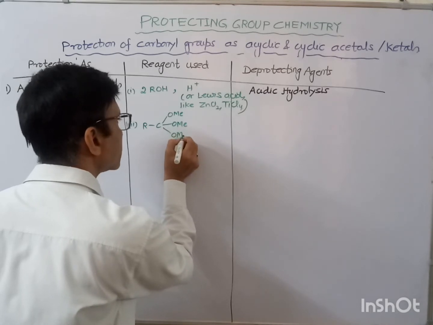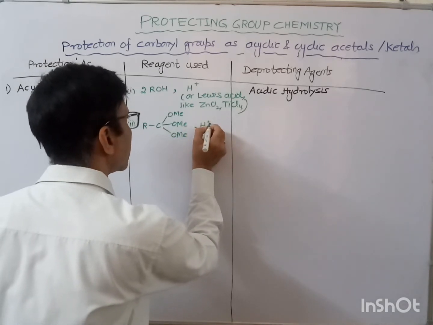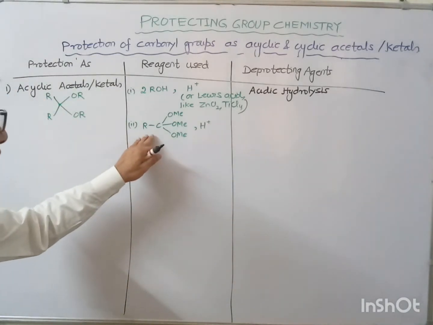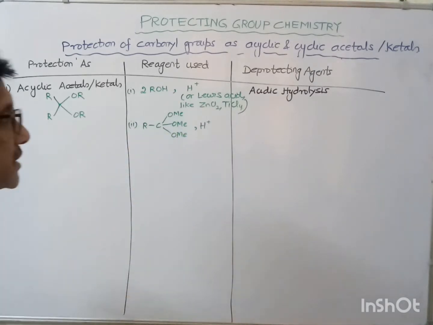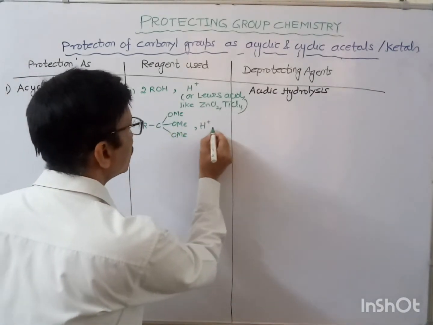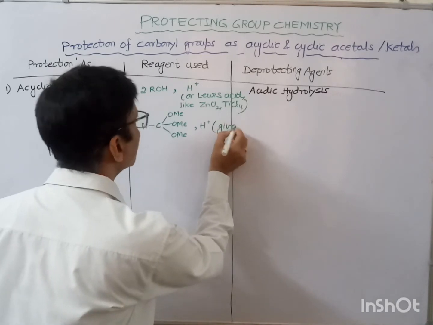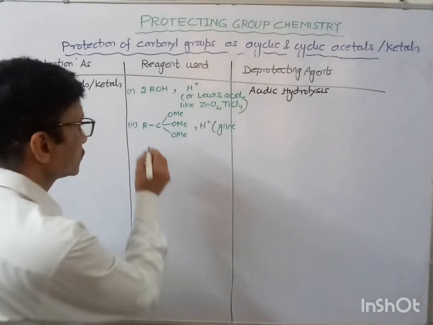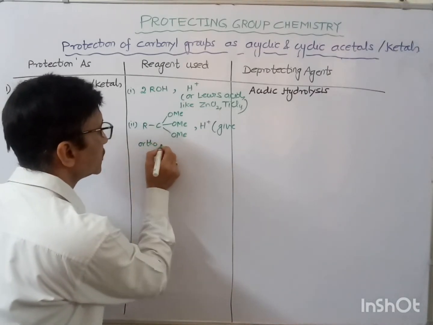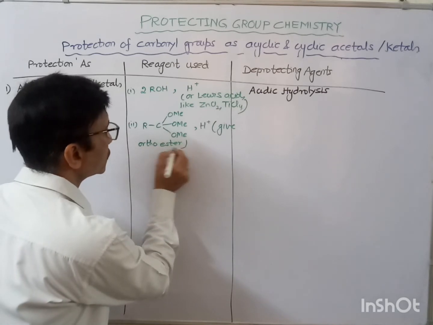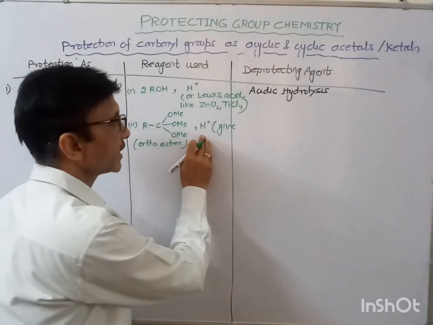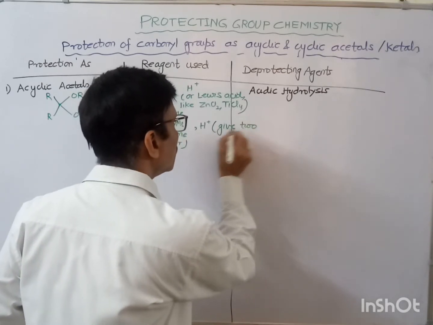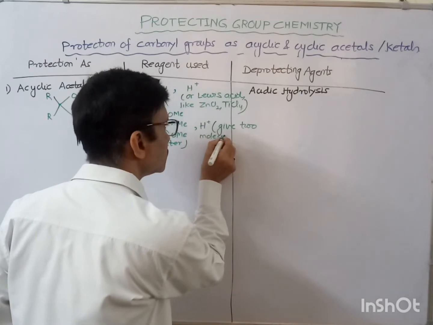So this orthoester in presence of acid as a catalyst can also give you the acetals and ketals, because reaction of this orthoester in presence of acid gives 2 molecules of alcohol again, and then that will react with the carbonyl compound.